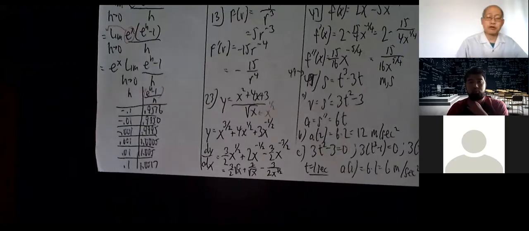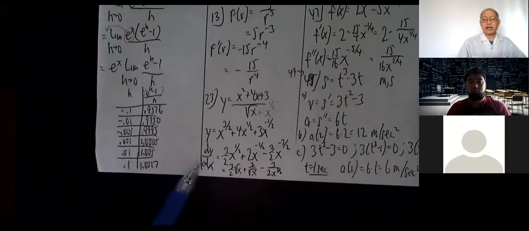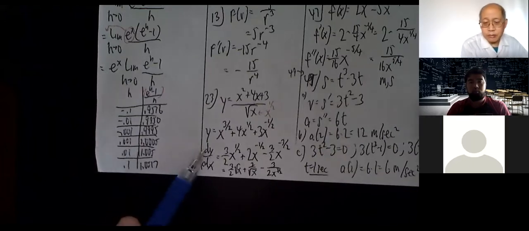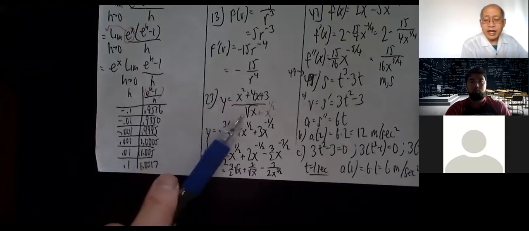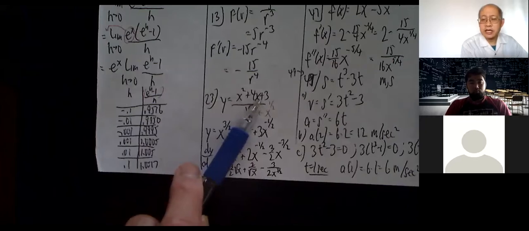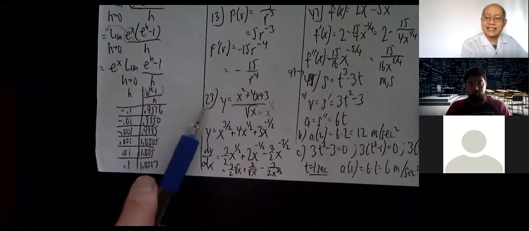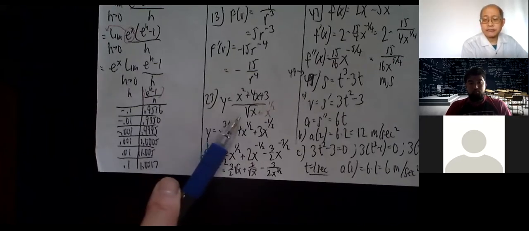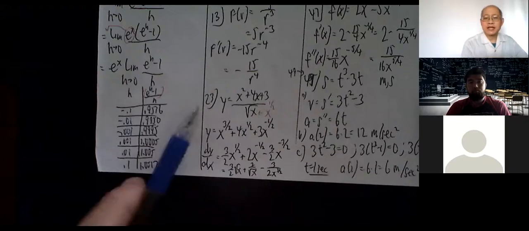I would always rather just do y prime or f prime of x. And by the way, it does declare what the variables are. When I see dy dx, the variables are y and x. But maybe you have s as a function of t, then you're going to say ds dt, for instance. Then you know the variables are s and t.